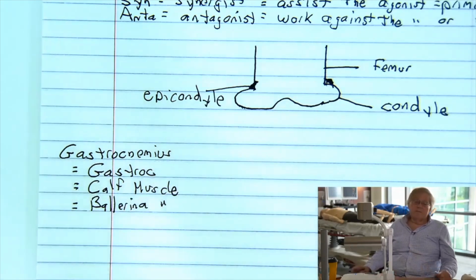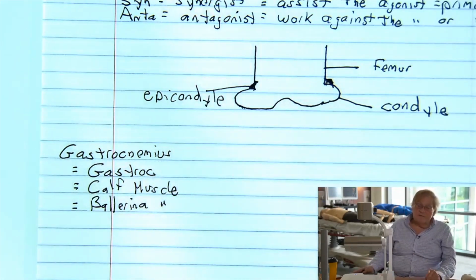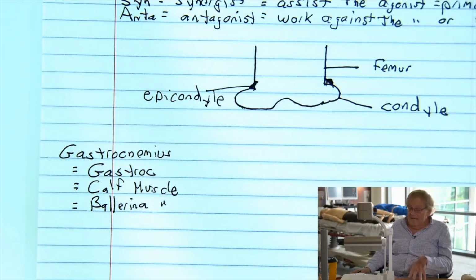It got its name as the ballerina muscle because this muscle is really responsible for standing on your toes. Standing on your toes, you may recall, is called plantar flexion. So a ballerina plantar flexes, or stands on her toes, and this is the muscle responsible for standing on your toes, or plantar flexion, again called the gastrocnemius.